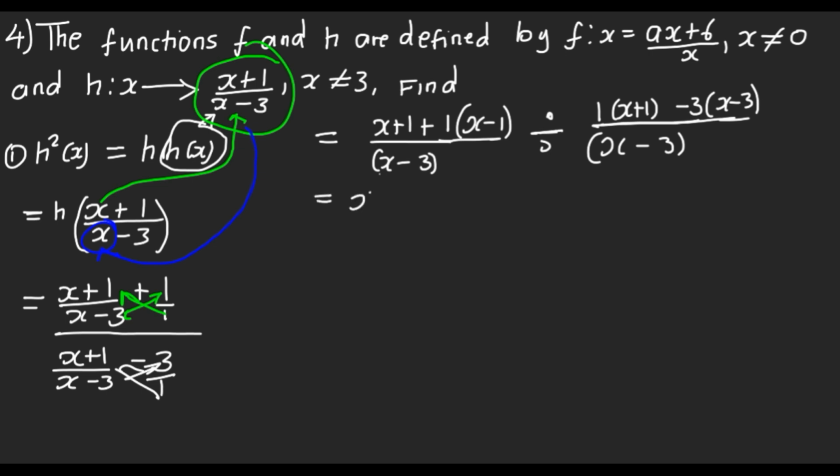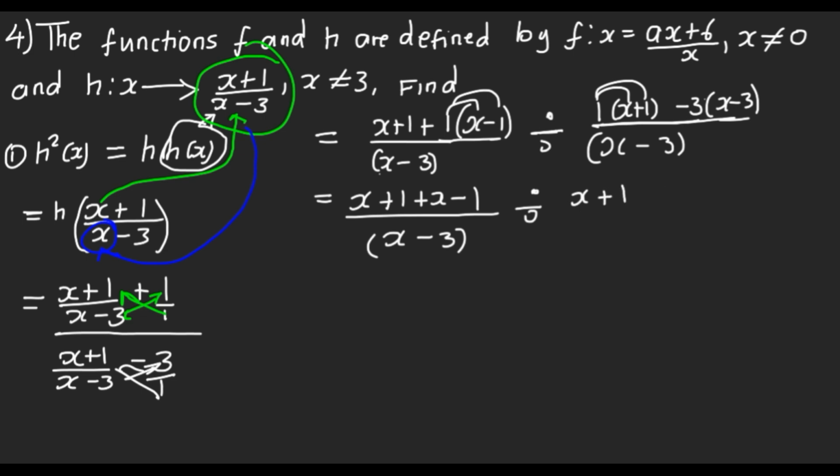Alright, so here we have x plus 1. 1 times x is just plus x. 1 times negative 1 is negative 1 over x minus 3, divided by, so 1 times x is x, 1 times 1 is just 1. Negative 3 times x, excuse me, is negative 3x. Negative 3 times negative 3 is positive 9 over x minus 3.